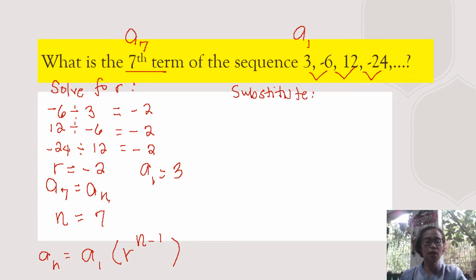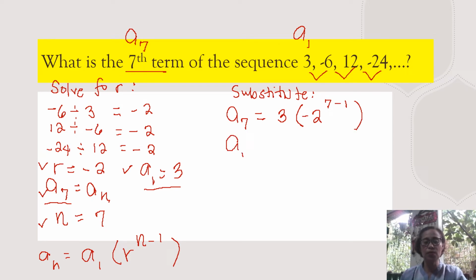Our a sub n is a sub 7, which would be equal to a sub 1, which is 3, then the common ratio is negative 2, raised to the power of n, 7 minus 1.